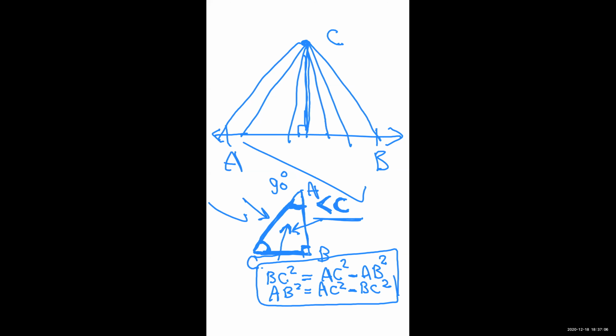So the CB here is opposite to the angle A. So CB is less than AB, right? Right.